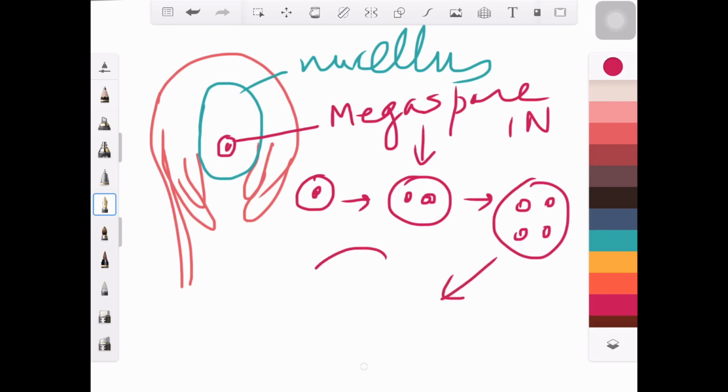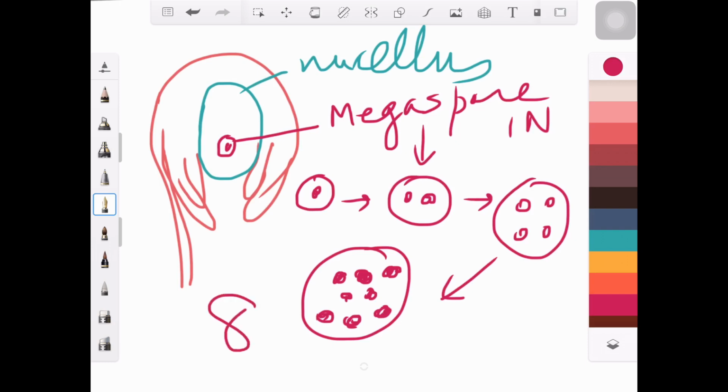These 4 nuclei will give rise to 8 nuclei in all by simple divisions. These are the nuclei lying over here. Let us count them. How many? In all, 8 finally. Can you see this final diagram? 8 nuclei have been produced by a single megaspore.